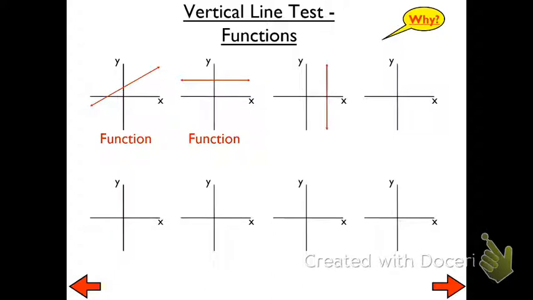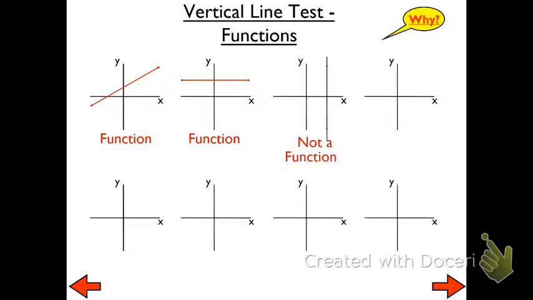Now look at the next one, and notice that it's a vertical line. If I do the vertical line test, oh no. Notice my blue vertical line hit my red line everywhere, in every single spot. If my blue line touches my red line more than one time, then it's not a function, and it touches it a ton of times.